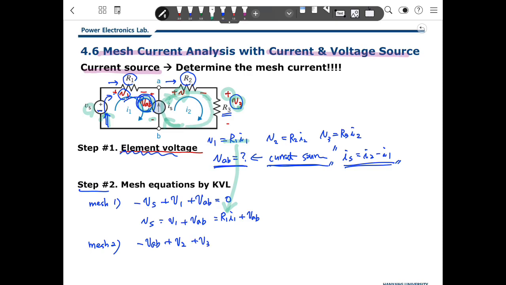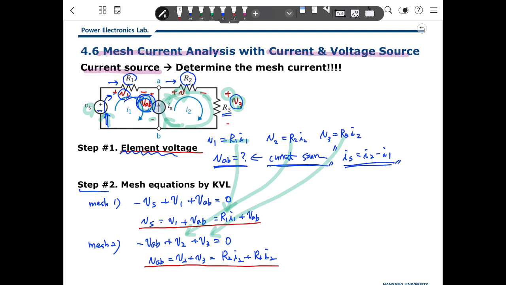And we meet the start point, so there will be 0. So we insert V2 here and V3 here, so VAB will be V2 plus V3, which is R2 I2 plus R3 I2. So that is the equation here and here.